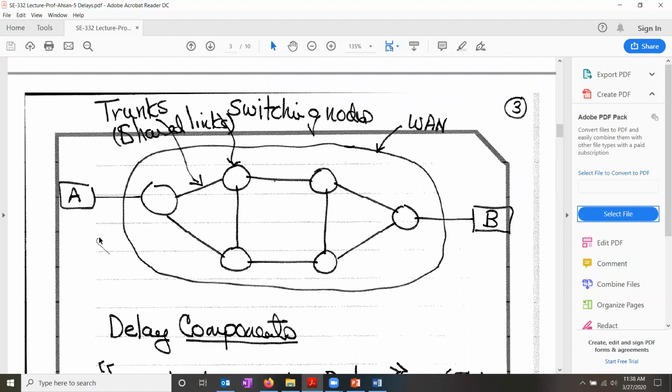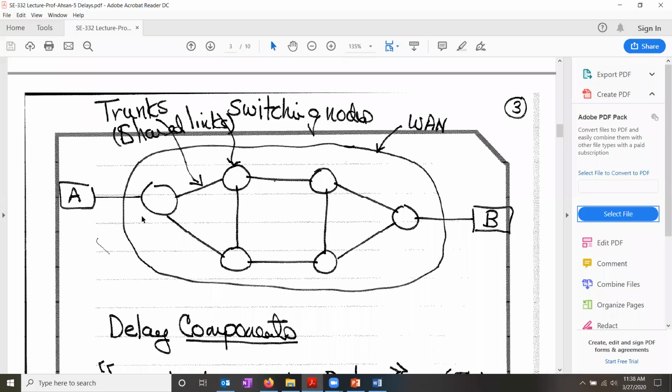Now you see this is a diagram in which we have these nodes, switching nodes, and a person at A wants to send a message to B via this wide area network using these routers. So when a particular message comes to these switching nodes or routers, the message will be held up in the buffers of the routers.